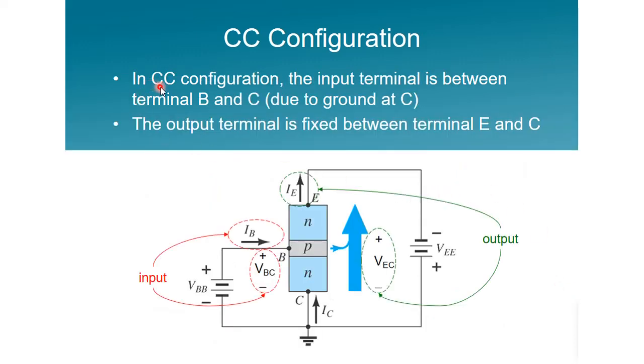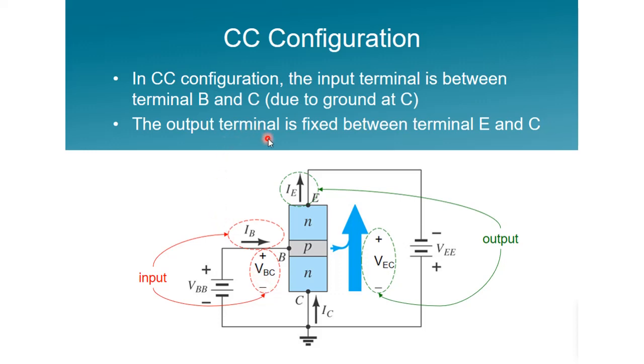In common collector configuration, the input terminal is between terminal B and C due to ground at C here. So the input values are IB for current and VBC for voltage.